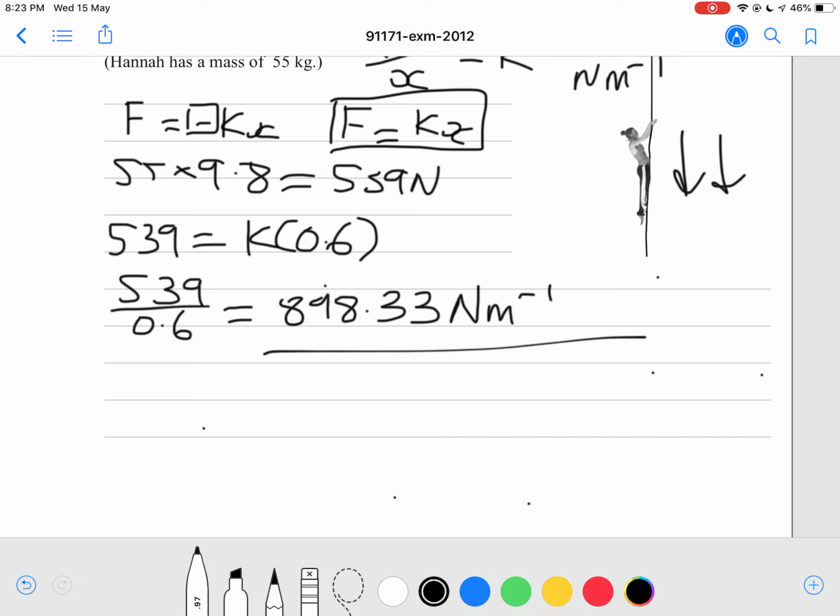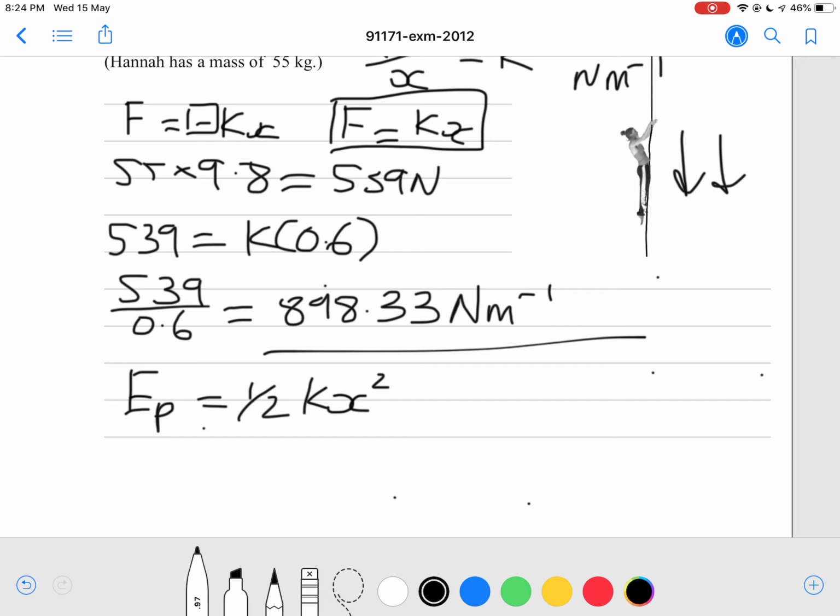Okay, now we have the spring constant. That represents how stiff or how loose the spring or string is, okay? So now we're going to be moving on to the EP formula. The EP formula for elastic potential energy is EP equals half k x squared. We found out the k with the previous formula, and we already know x is 0.6.